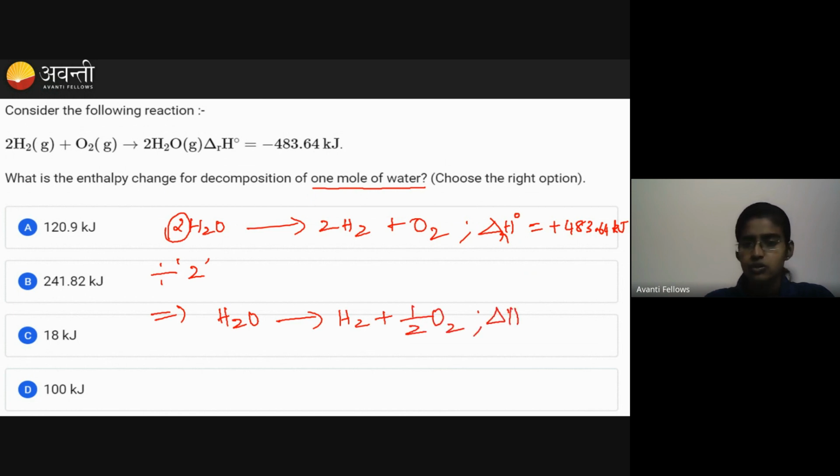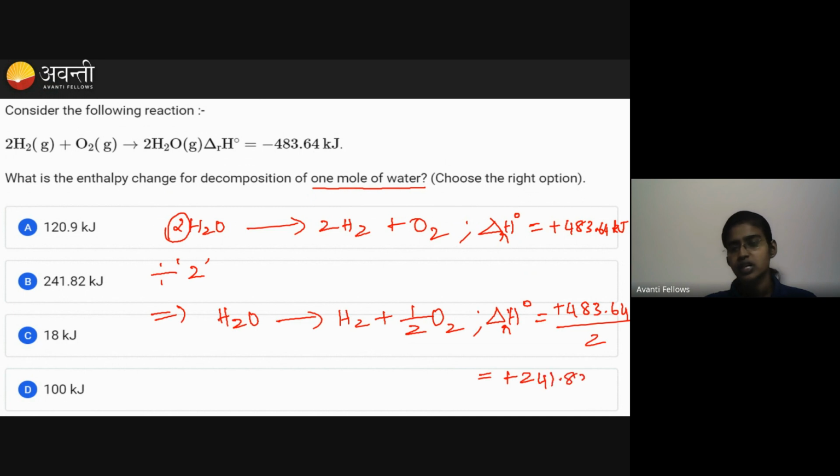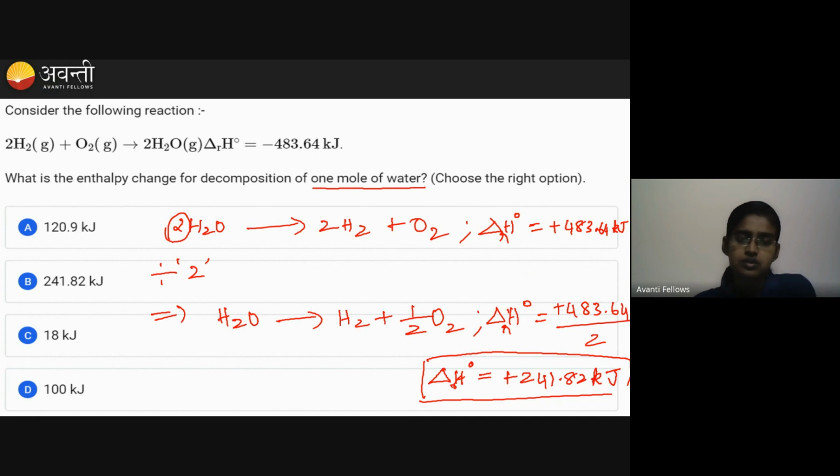I have to divide this delta H_R naught by 2. So if I divide this by 2, I will get plus 241.82 kilojoule as the final value for delta H_R naught, the enthalpy change. So option B is the correct answer for this question.